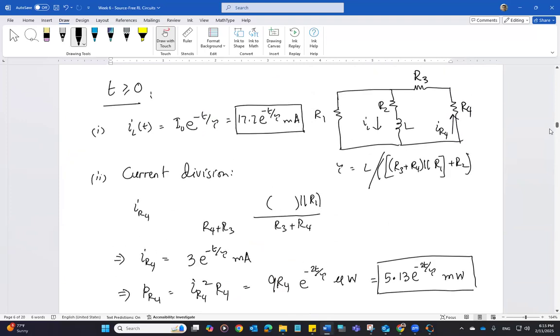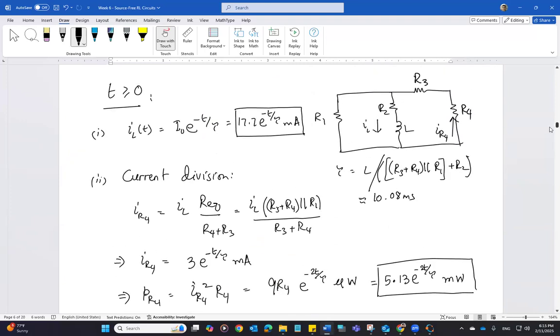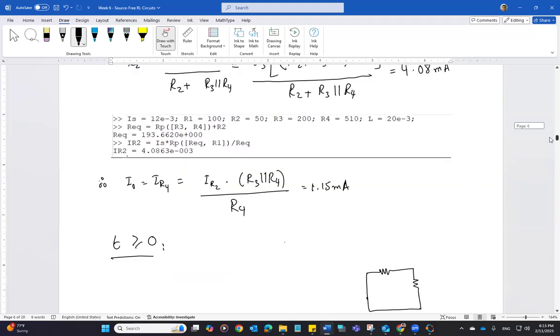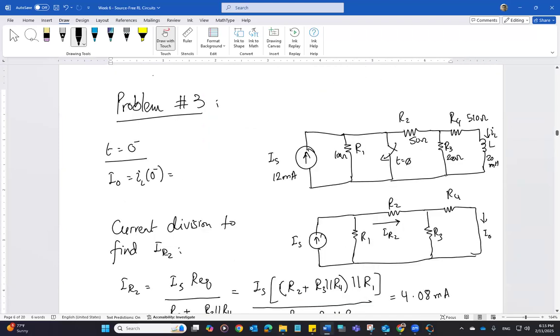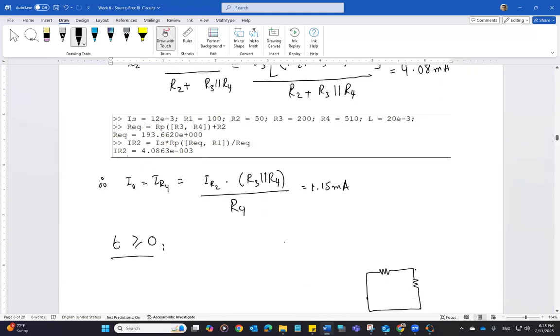Let's see, what is that? Circuit. Okay, so R2, R3, R4, and L. Alrighty.